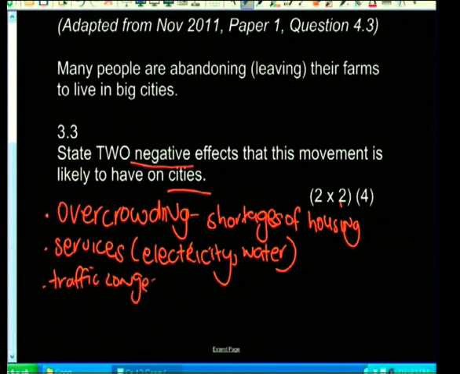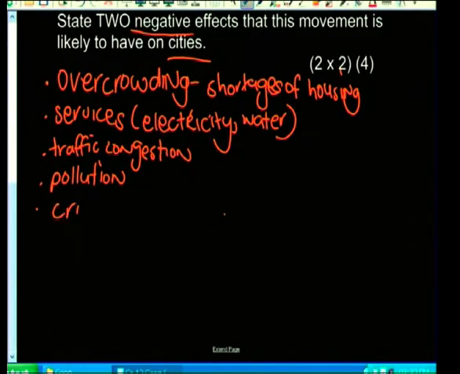We will have an increase in pollution. And furthermore, we are going to have things like crime, which is going to prove to be a big problem for our city centres. And therefore, there's also going to be a question probably based on what kind of solutions we can implement. So these are all the ideas that you need to keep in mind.